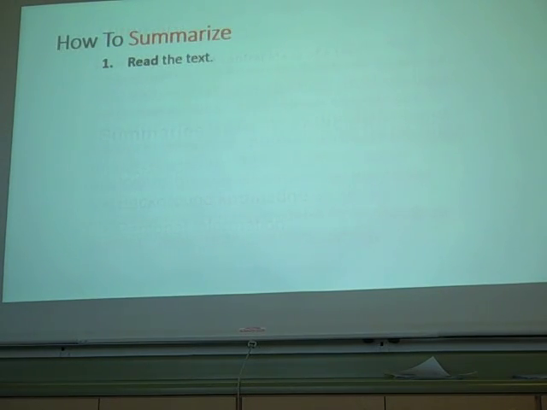So when you're learning how to summarize, you have that section on your paper. Obviously, the first thing is you have to read it. Read the text. Don't get scared about the big words, and then don't just skip them either, because they may be very crucial to what you're reading.